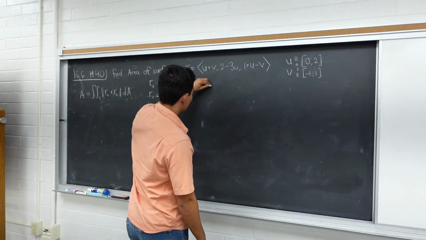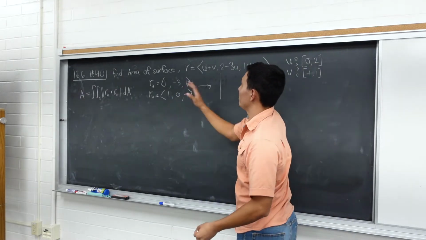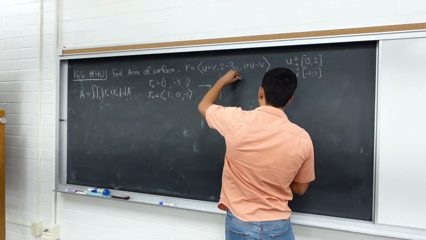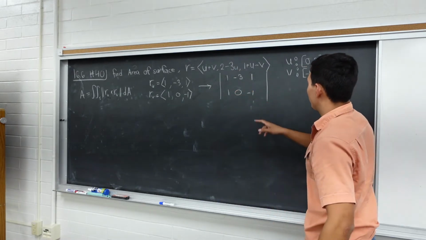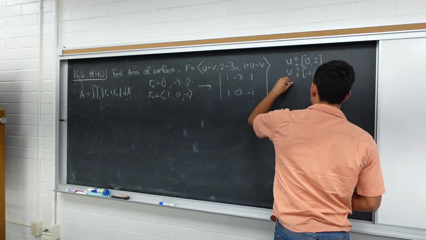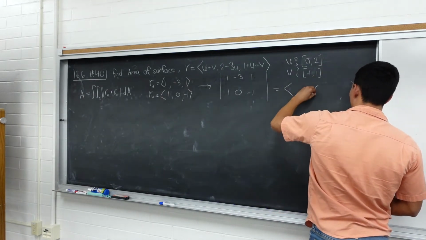Okay, so then we're going to take the cross product of this. So input that in here, and input that in here: 1, negative 3, 1, and 1, 0, negative 1. And then this is going to equal some vector like this.